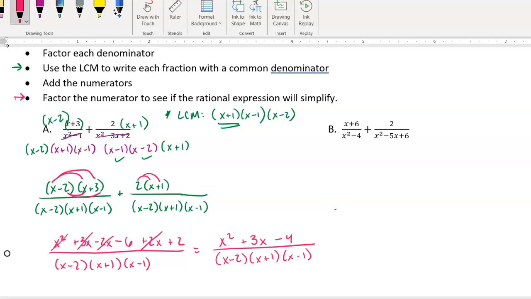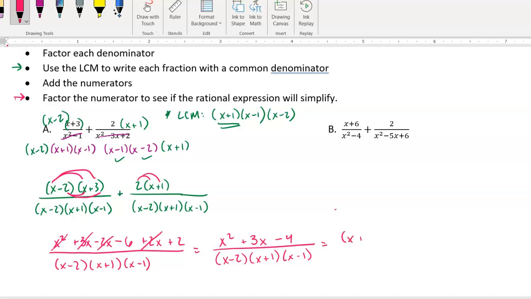All right, so when we look at x squared plus 3x minus 4, since we have a quadratic, before we're done we need to see, can that be factored down at all? Because if it can factor, there could be a possibility of being able to reduce this fraction. So we want to see, are there two numbers that multiply together to be negative 4 that add together to be 3? And yes, there are.